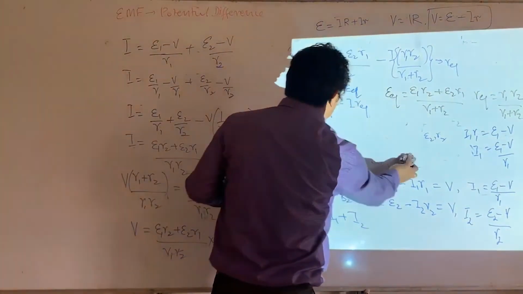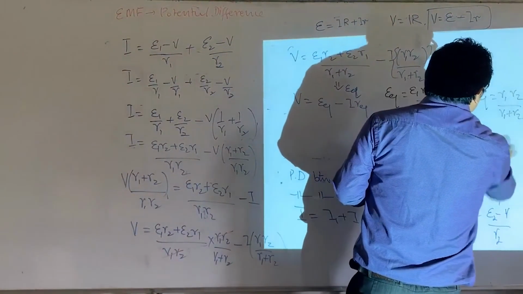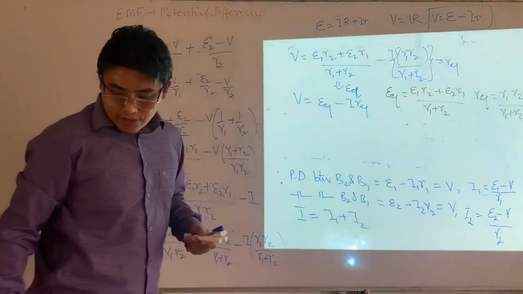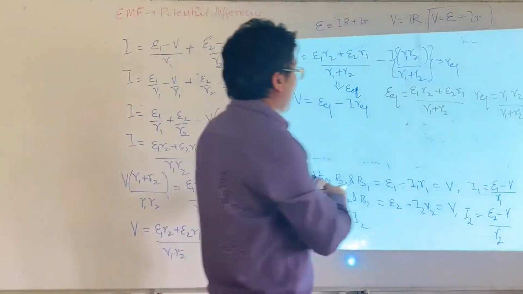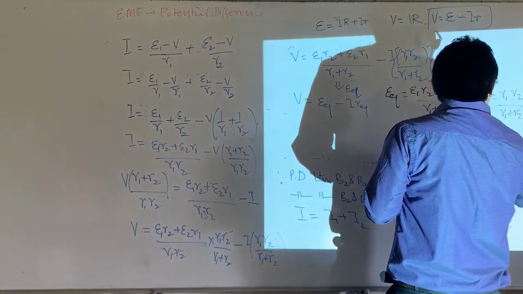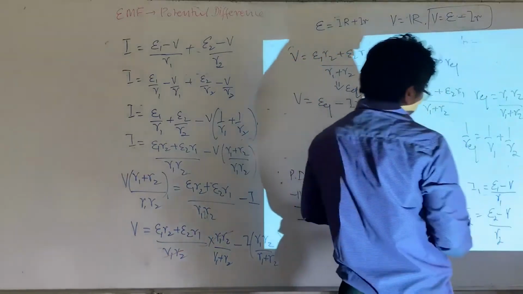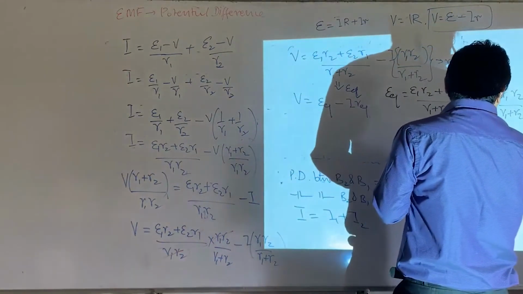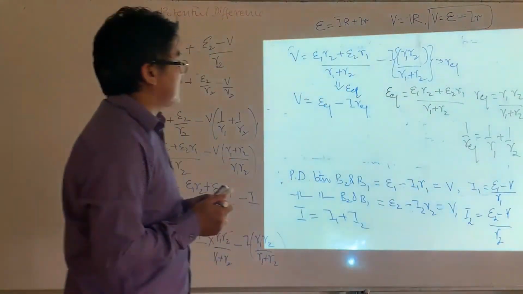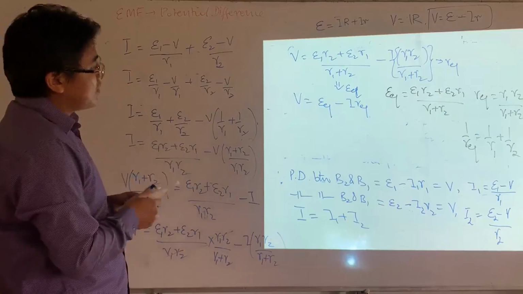Cells in parallel combination. Look here. I can rewrite this equation, that is, 1 by R equivalent is equal to 1 by R1 plus 1 by R2. This is because this is resistors in a parallel combination.